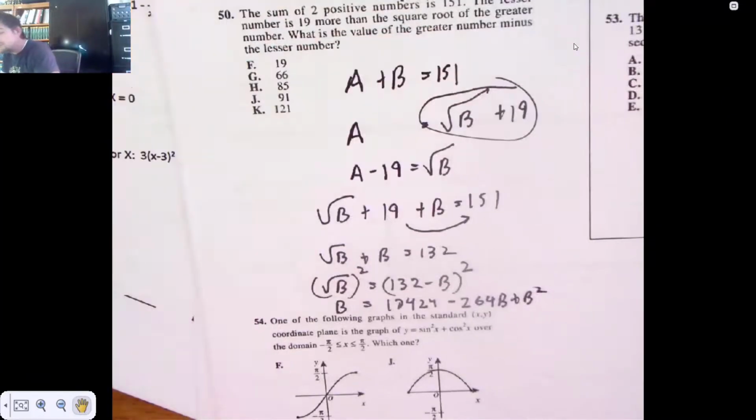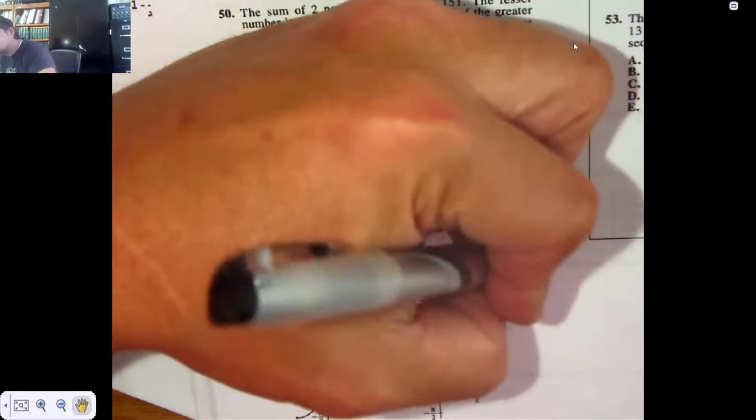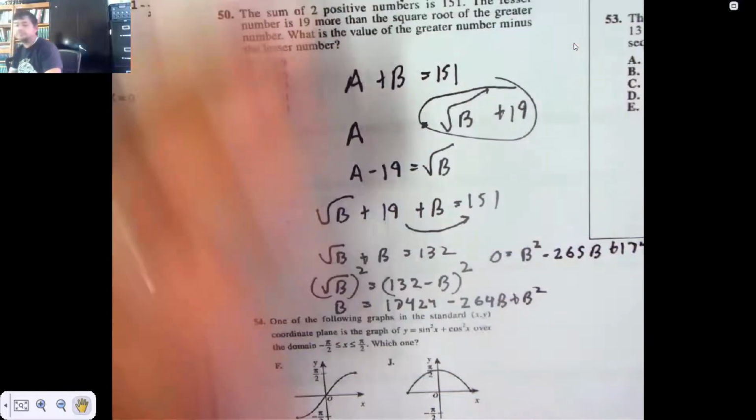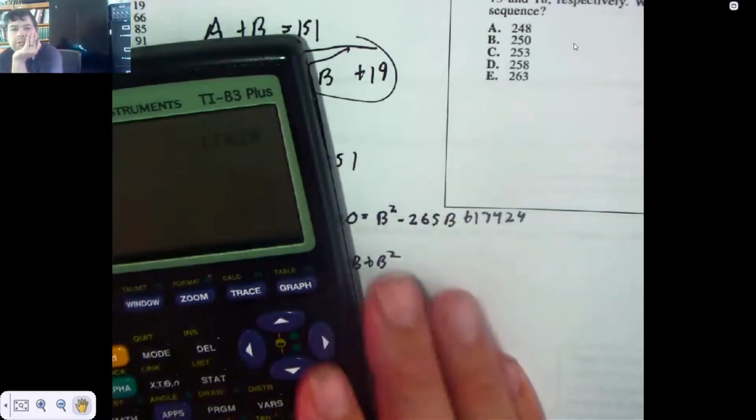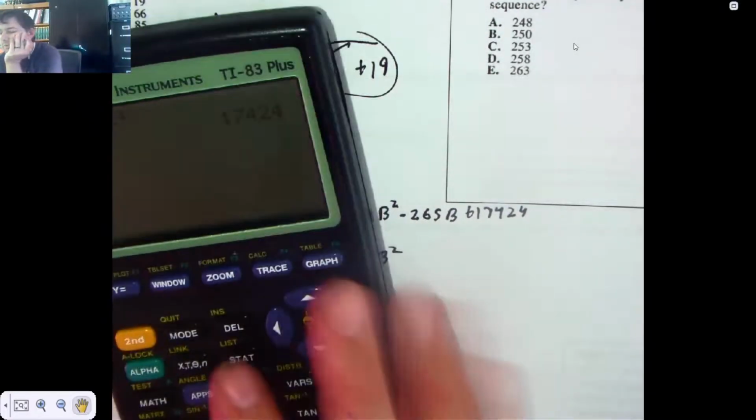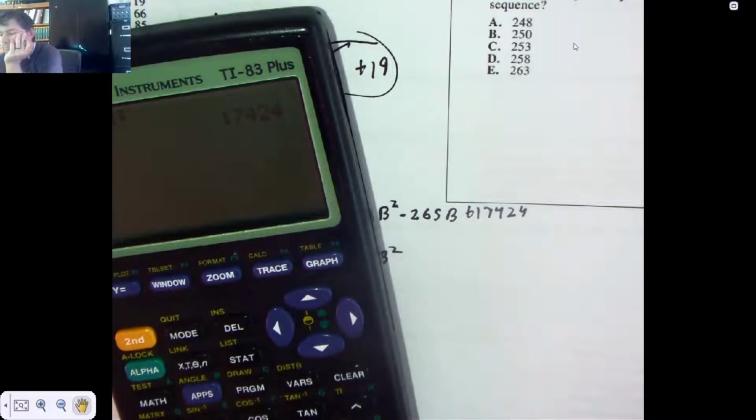And then what I would do is shift everything right so that I compare to 0. 0 equals a positive b squared minus 265 b's plus 17,424. And now I need factors of 17,424 that will somehow get me to 265. And I'm going to use that brain of mine and cheat.